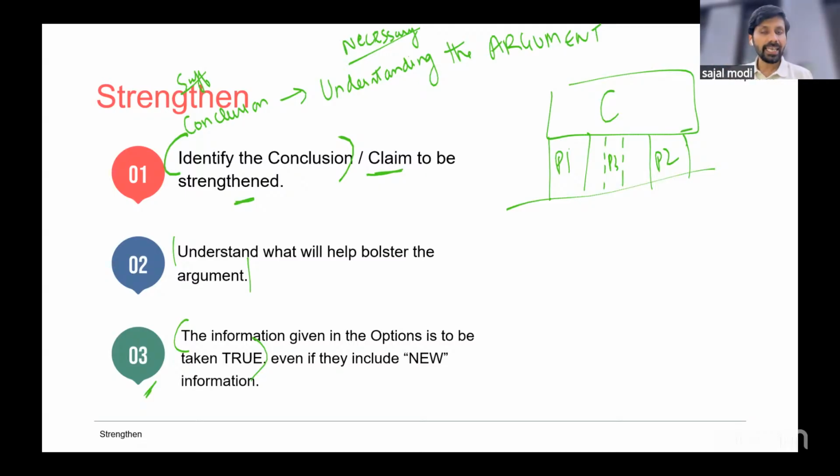So don't reject an option in a strengthen question just because it contains new information. In fact, we are looking for options that contain new information and provide additional support to the conclusion, right? So the options will have new information, treat them as true, don't suspect that information, take it to be true, and check whether this information provides support to the conclusion or not, right?